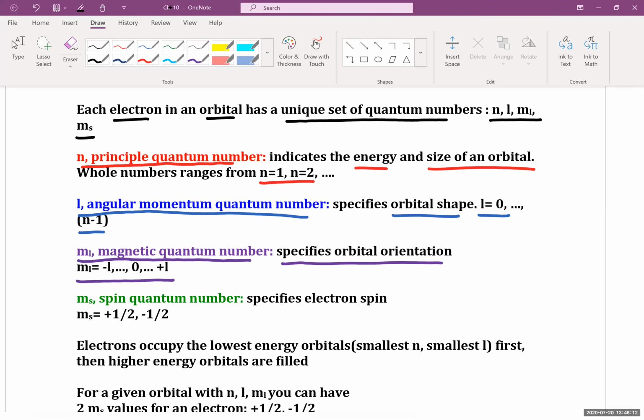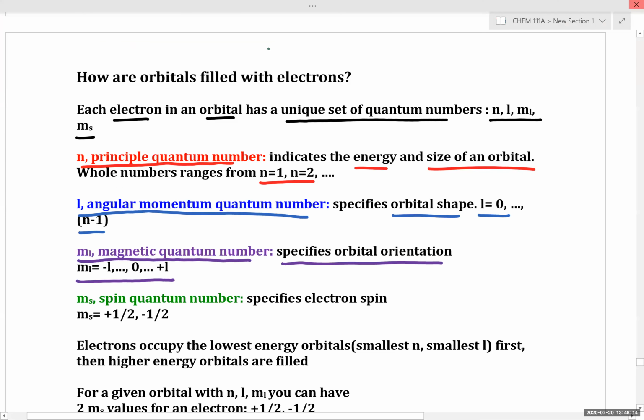And finally, we have ms, which describes specifically the spin of the electron that's in that specific orbital. The spin value can be either +1/2 or -1/2.